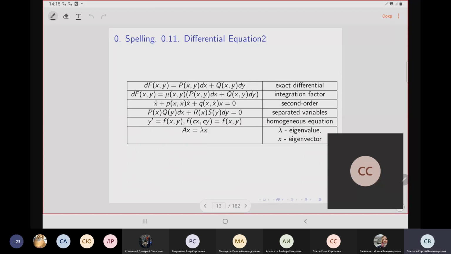Next one, a bit more complicated. For a differential equation, the right-hand side can be, so the equation is y prime is f of x and y, like this.